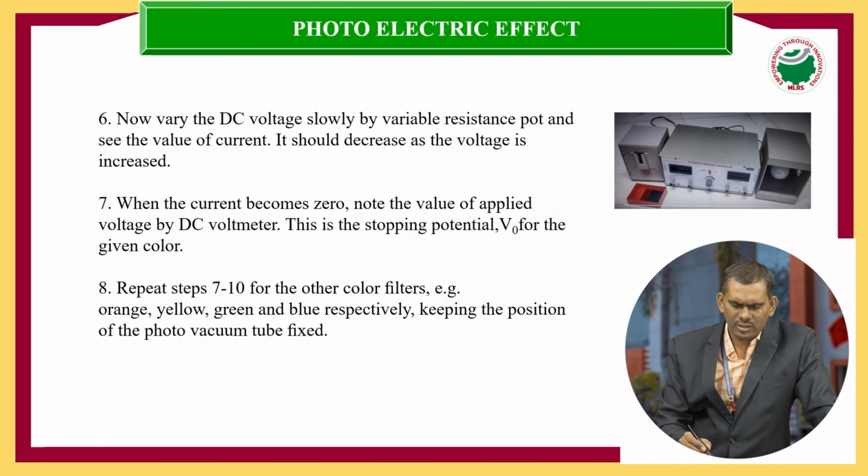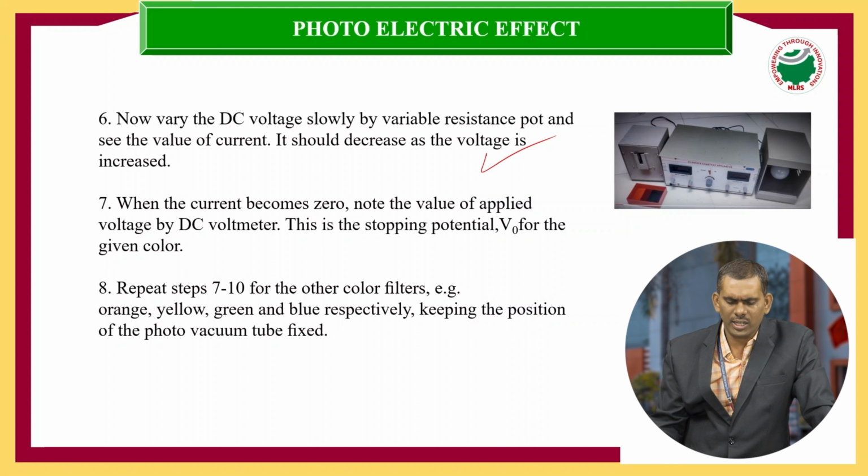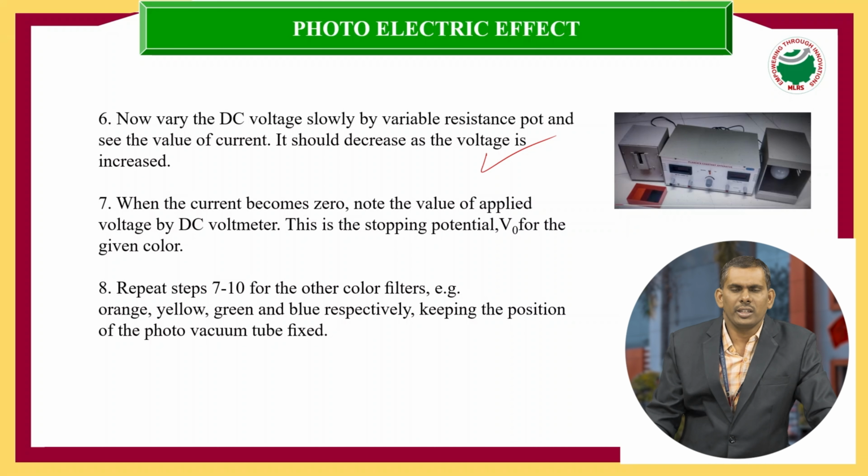Now vary the DC voltage slowly using the variable resistance and see the values of current. It should decrease as we are increasing the voltage. So when you observe some amount of current in the milliammeter, the next step is to increase the voltage. While you are increasing the voltage, we can observe that slowly the current values are decreasing.